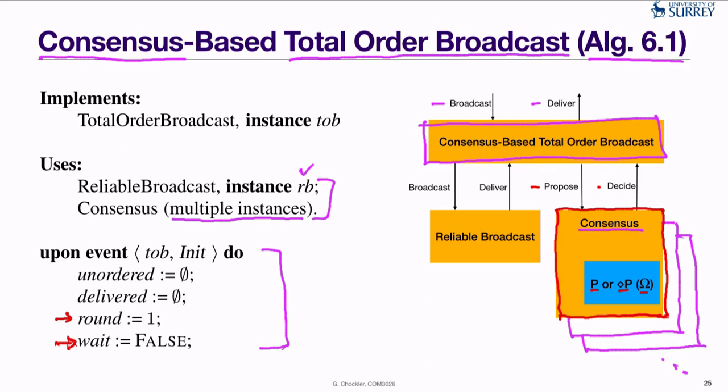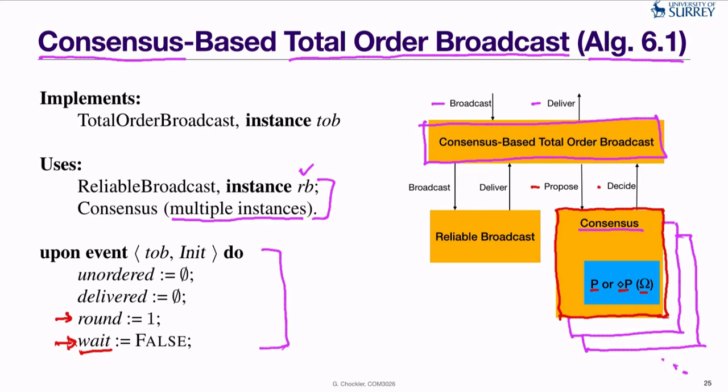Once the decision is available, the algorithm, as a specific process, will continue to the next round, and then it will invoke a different instance of consensus. So this wait variable here is used to synchronize between the rounds, to make sure that the process does not proceed to the next round before it has finished, in the sense of reaching a decision in the current round.